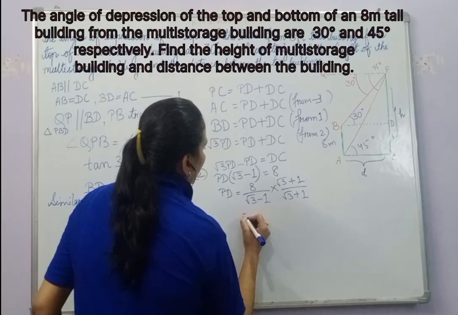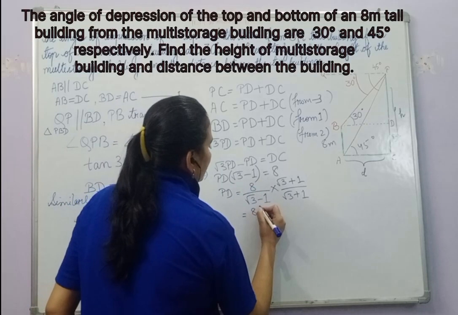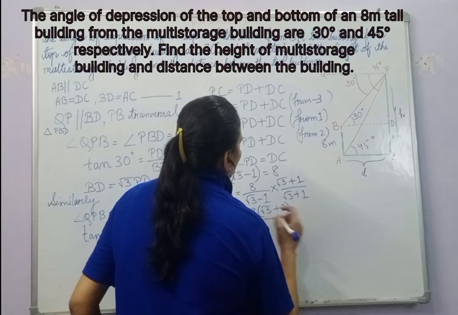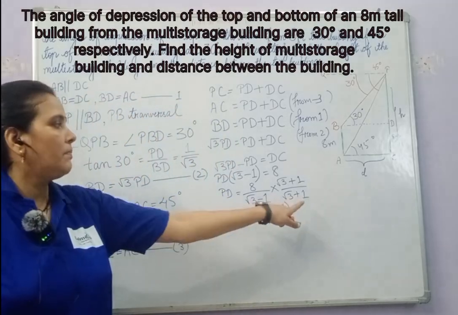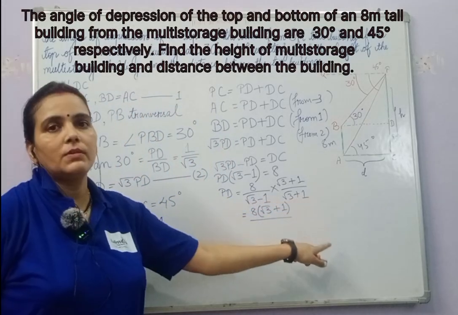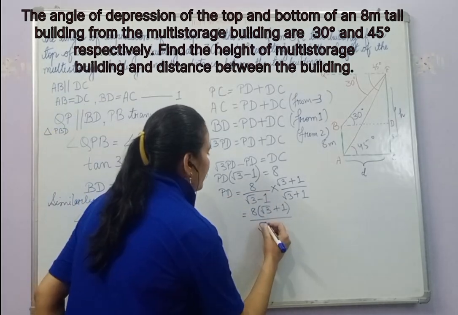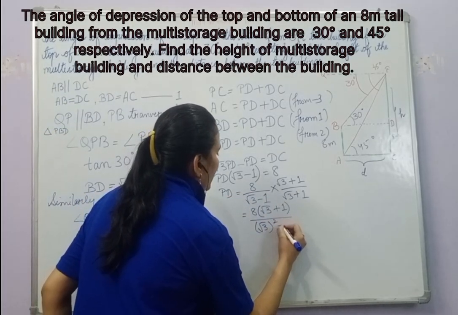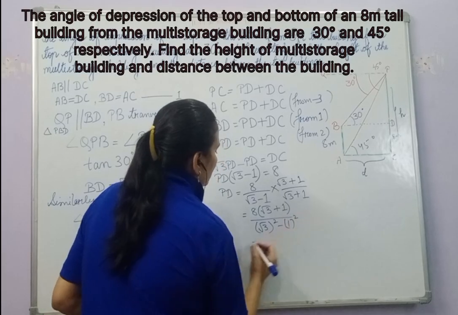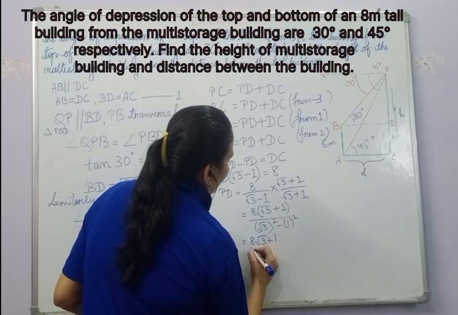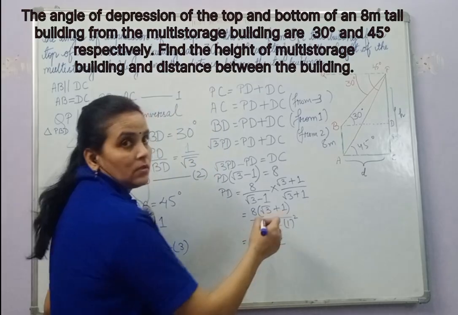So when we multiply, it will be 8 times (root 3 plus 1) upon (root 3 minus 1)(root 3 plus 1). So a minus b, a plus b. What is a square minus b square's formula? So we can write root 3 square minus 1 square. So it comes up to be 8 (root 3 plus 1) upon root 3 square, how much?